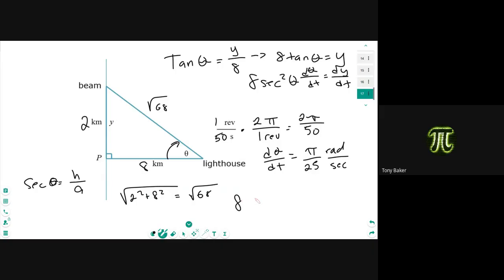So we've got 8 times square root of 68 over 8 squared, times pi over 25.